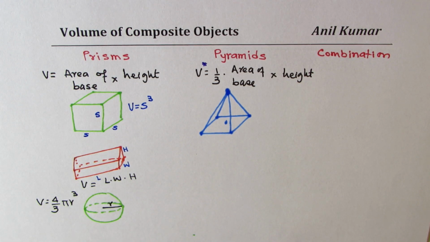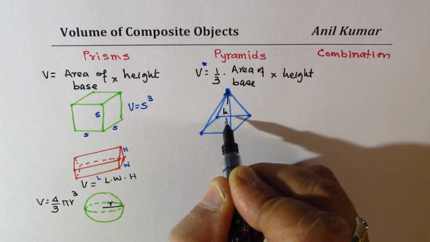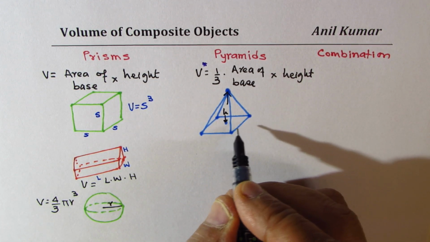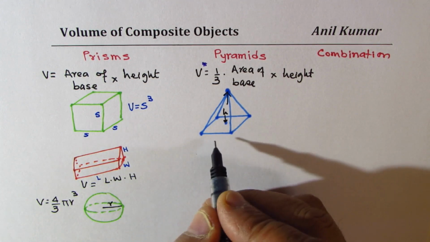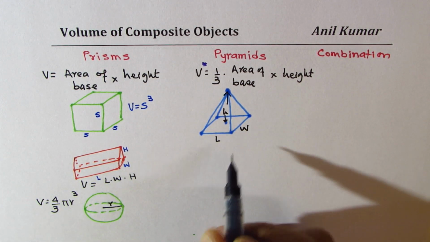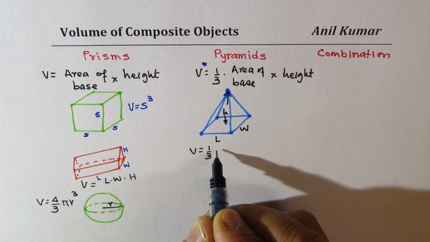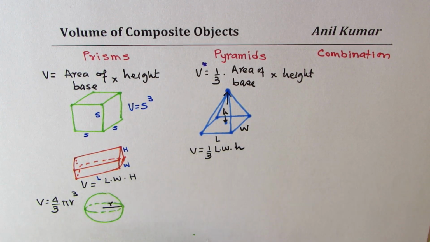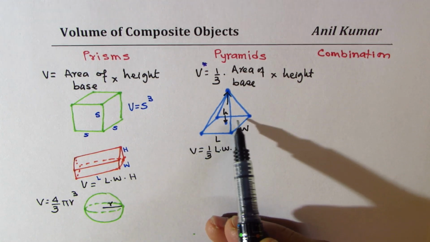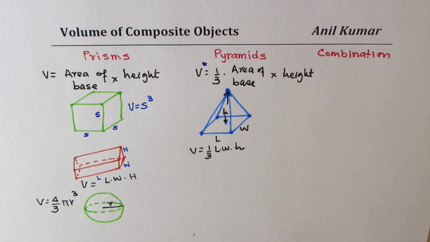In this, let's say the height is h, and let me just generalize it. Instead of square, let me take this as length and width. In that case, the volume will be 1/3 of length times width times height. So basically area of the base, whatever it is, times height, and take 1/3. In general, this formula works.